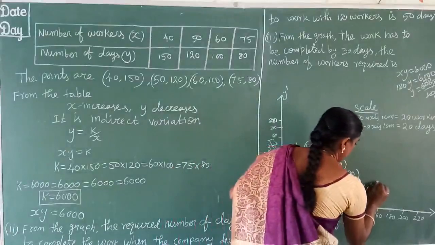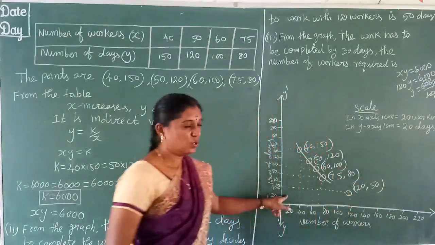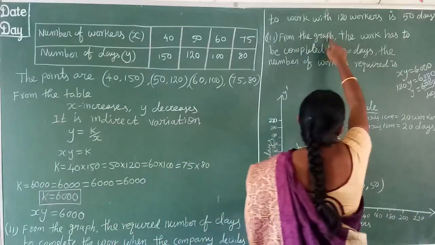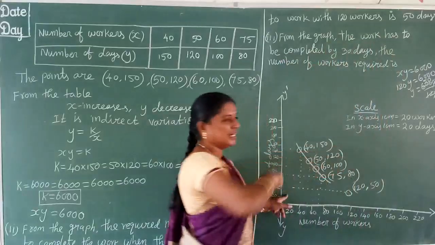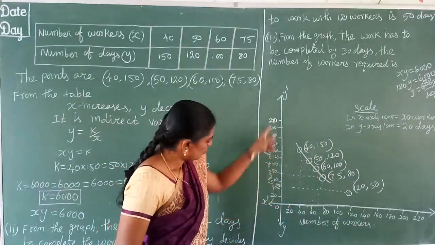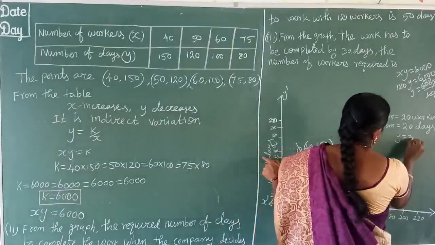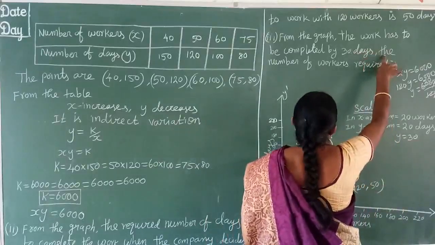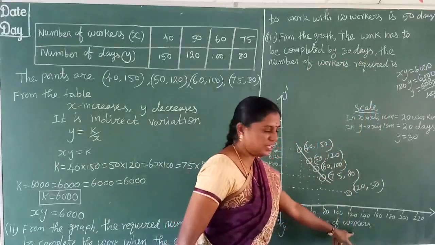So (120, 50). Next one. From the graph, the work has to be completed in 30 days. Days is the y axis, so the y value is 30. The number of workers required: workers is x, we need to find.